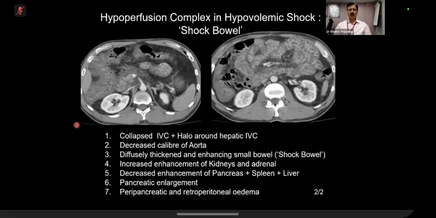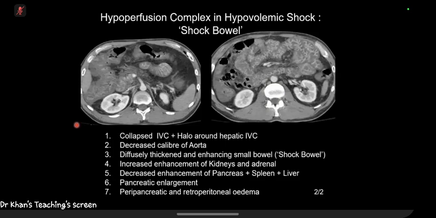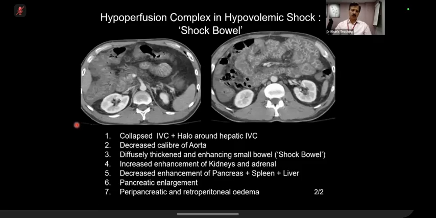Basically, the aorta is small, the IVC is small, shock bowel, and this will be a finding which you might see in association with other things. So please remember that. And if you see a trauma case, always look at the small bowel and even make it a pertinent negative for your exam.